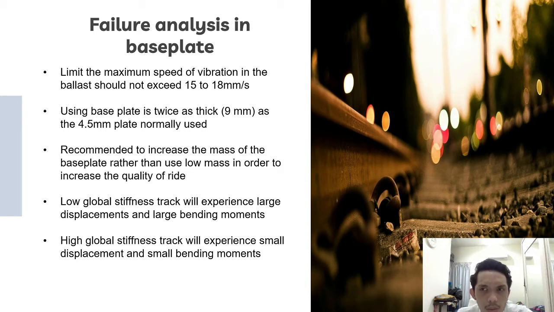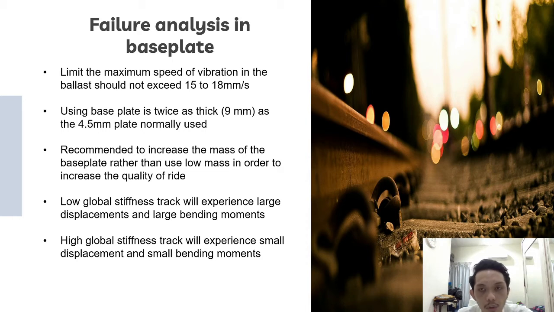In order to reduce this kind of problem, there is some research that I have read, and the first method they proposed is by limiting the maximum speed of vibration in the ballast, which should not exceed 15 to 18 millimeter per second. It actually can reduce the track degradation or track deterioration.